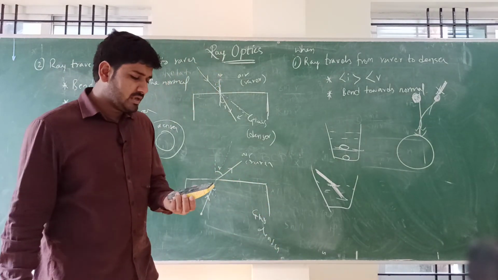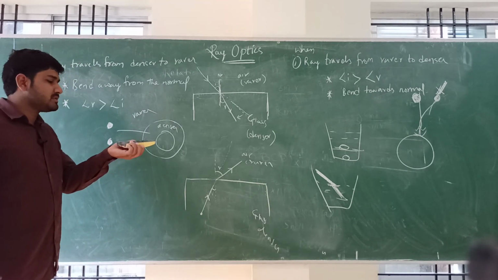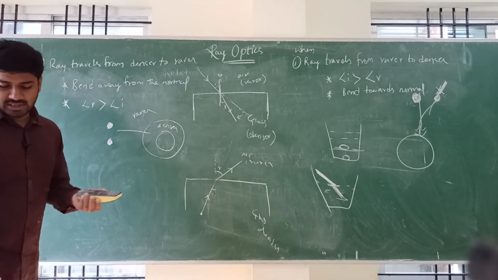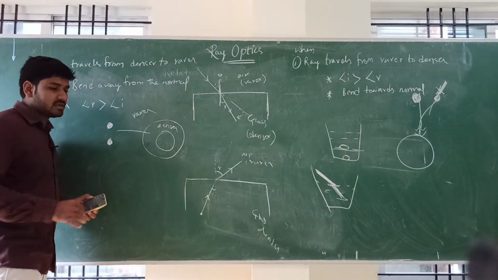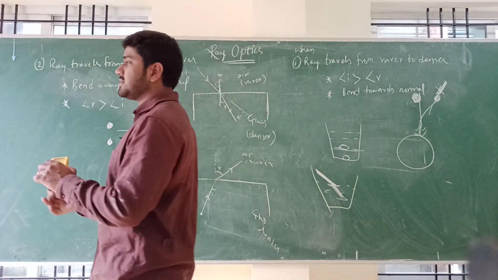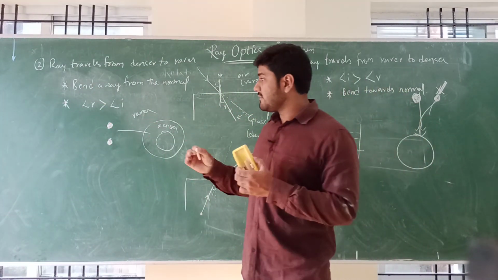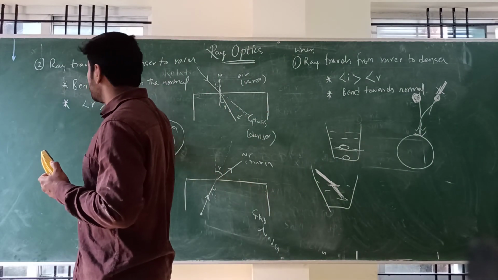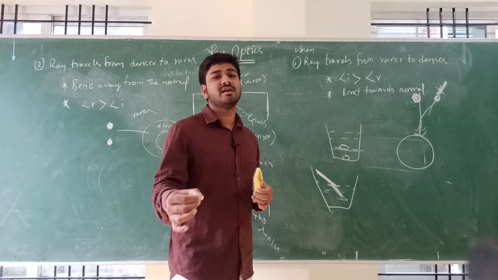Actually that sun is not the real sun, it is nothing but the image. You see the sun 2 minutes before the actual sunrise. Actually the sun is below, which means due to refraction you will see the sun 2 minutes earlier. Because of refraction, you see the sunrise 2 minutes earlier.